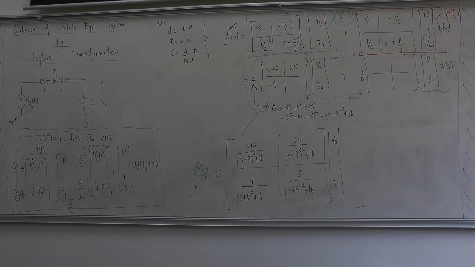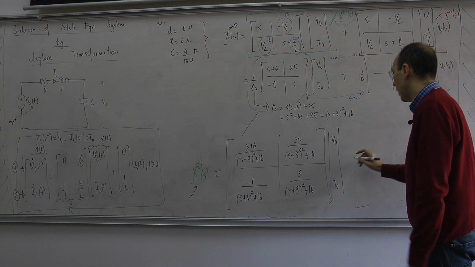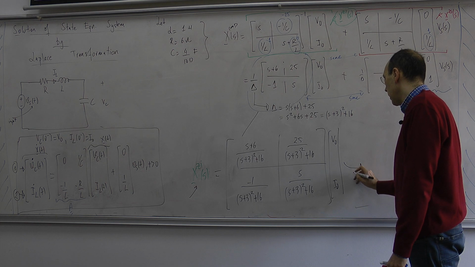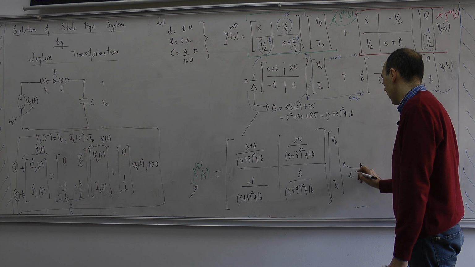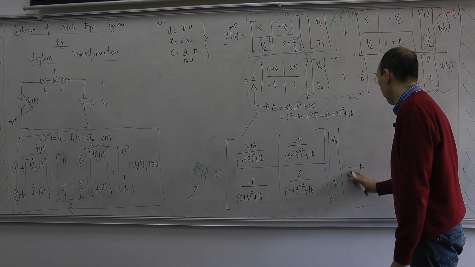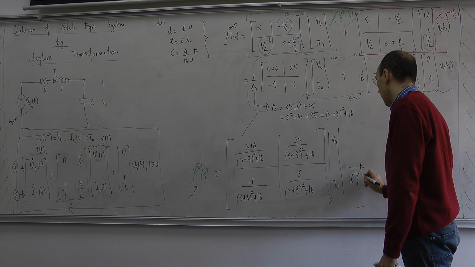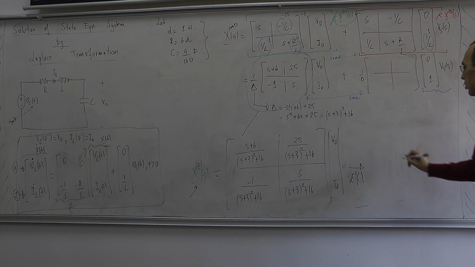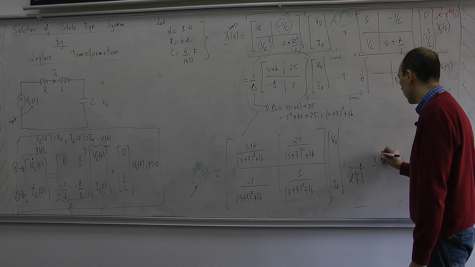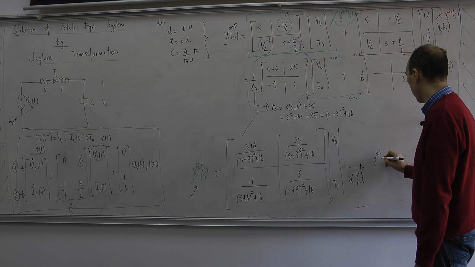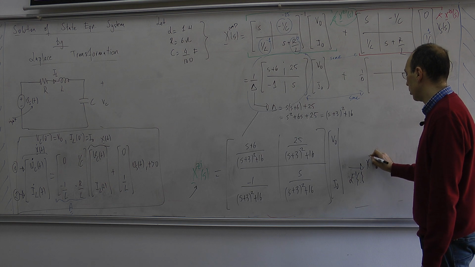Okay. Now, can I get the zero input solution in time domain then? So I should take inverse Laplace of this. Or let me do it this way. Laplace inverse. So then I'll be getting x zero input in time. Maybe I need more space.